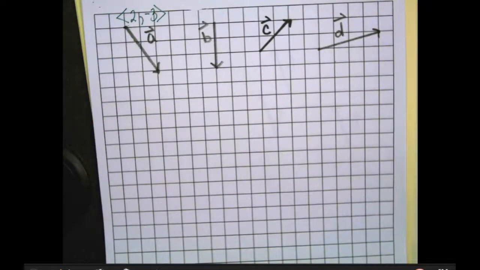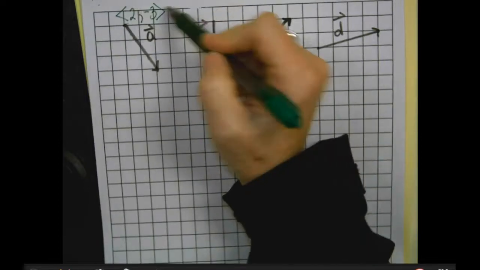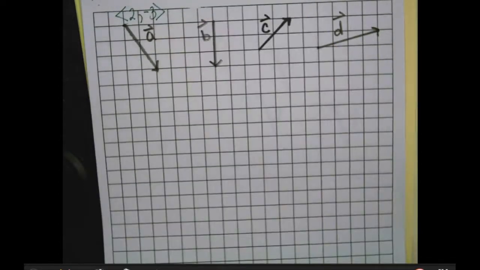From that point, I went down 3. Okay, these are for vectors, because we have to identify them differently than an ordered pair.